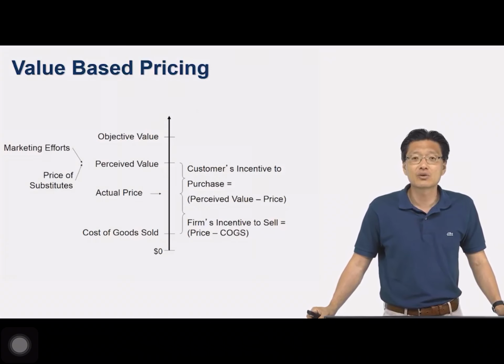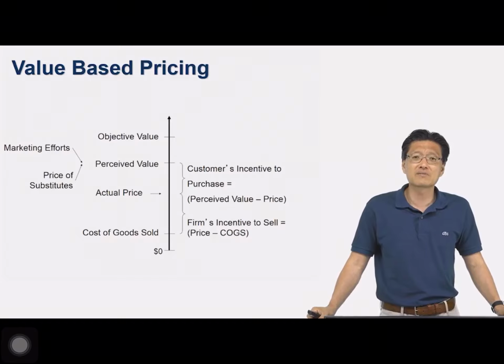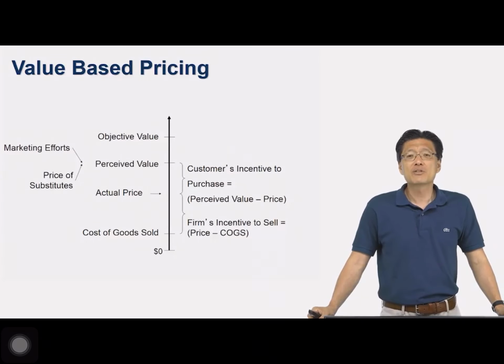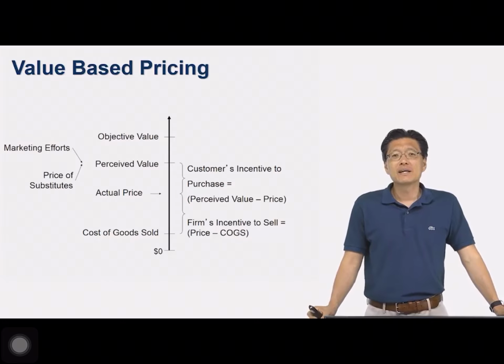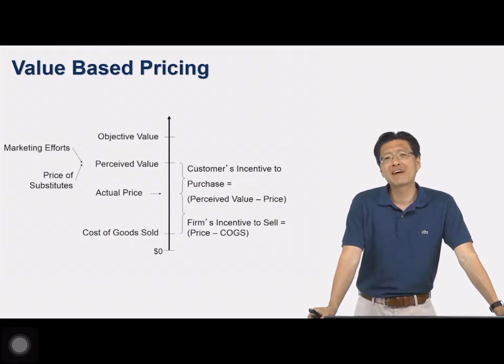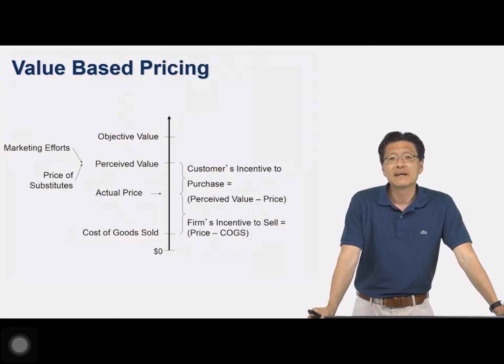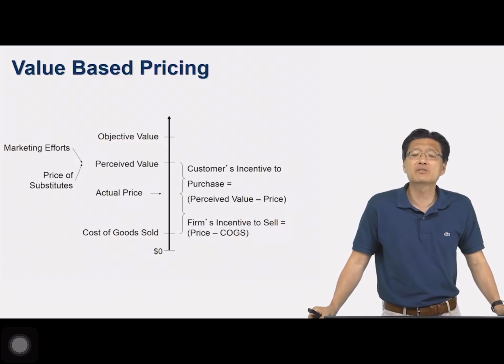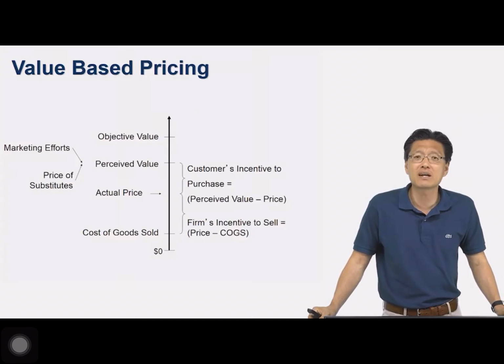Again, the greater that difference, the more incentive there is for firms to sell. So perceived value is the value that a customer perceives a product to have. And that would actually be the maximum price that a customer is willing to pay, because customers are only willing to pay to the point where they perceive value from the product.